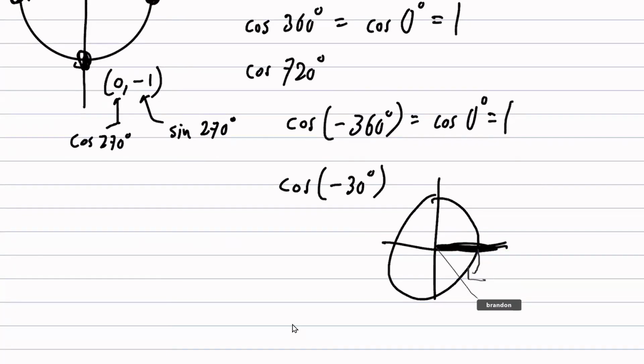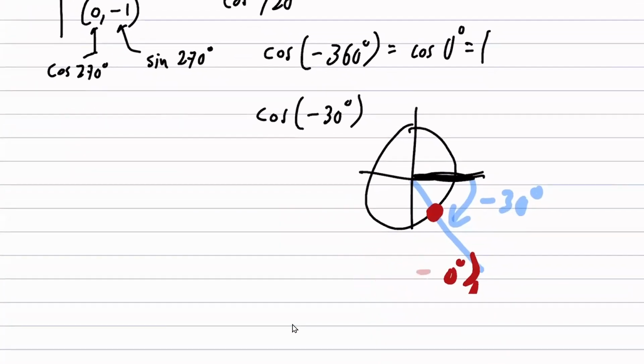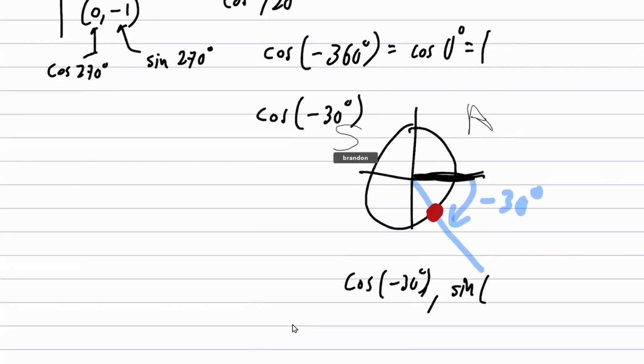Correct. This is the line that results. This will be your -30 degrees. Then the intersection with the circumference there, that as coordinates, that is your cosine of -30, comma sine of -30. Let me try and write it nicely. Cosine of -30, comma sine of -30. Is that okay?